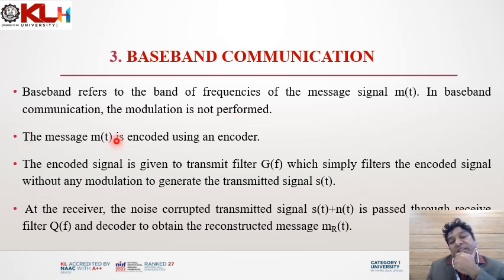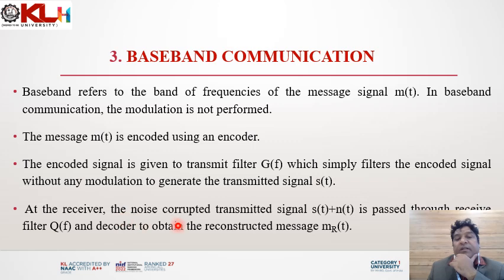The message M of t is encoded using an encoder, and the encoded signal is simply given to a transmit filter G of f, which is like a raised cosine pulse shaping filter. We obtain the encoded signal without any modulation, processed through this transmit filter, which is called the transmitted signal S of t.